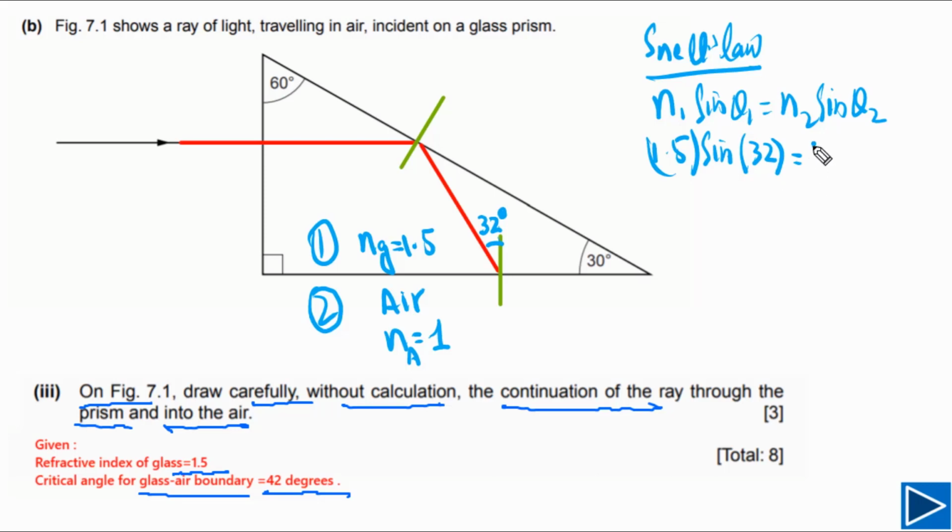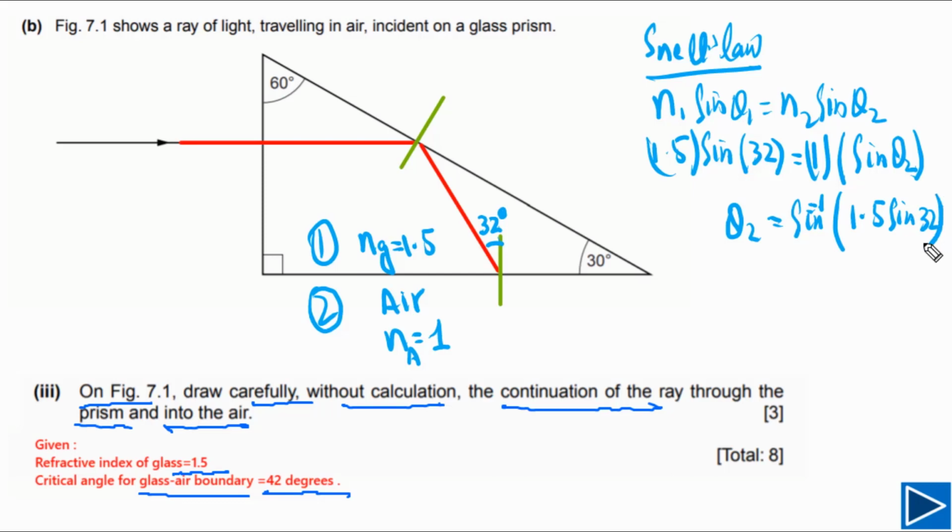In the second medium, the refractive index of air is equal to 1 and we need to find theta 2. So theta 2 will be equal to sine inverse of 1.5 times sine of 32 degrees. If we do these calculations, our final answer will be approximately 53 degrees.